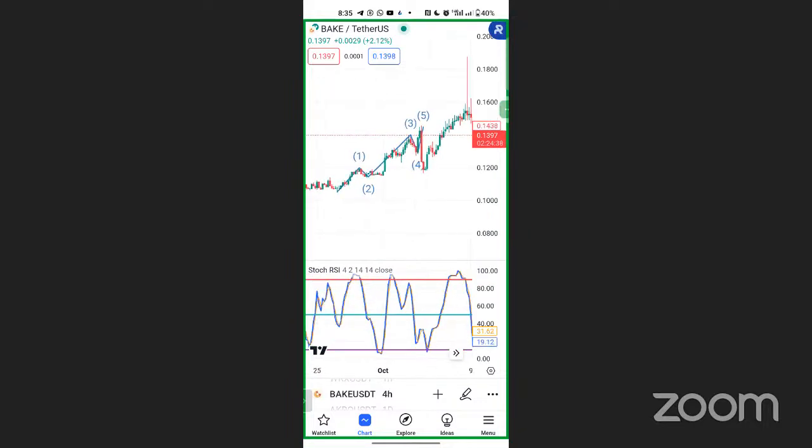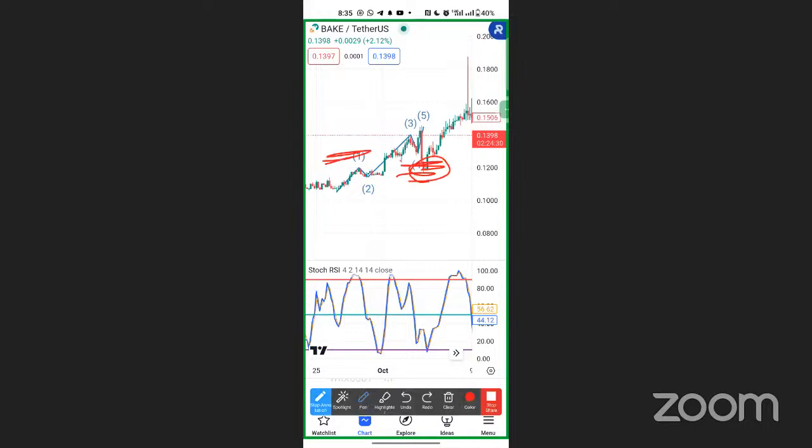I did this in a short area, but this is not too perfect. But we are using support and resistance. Can you see that? Support, resistance. Support, resistance.